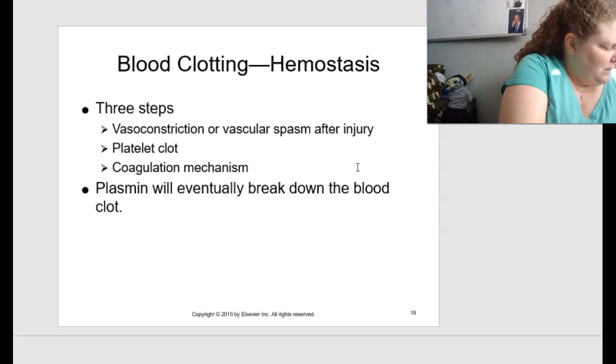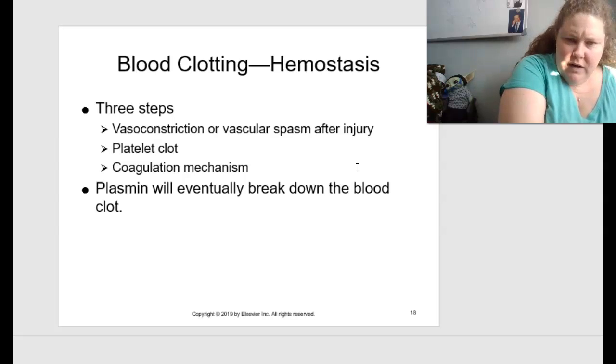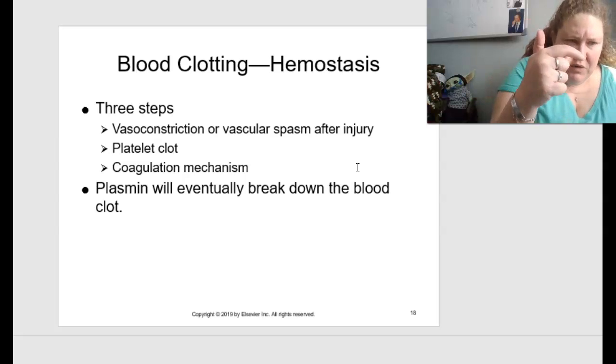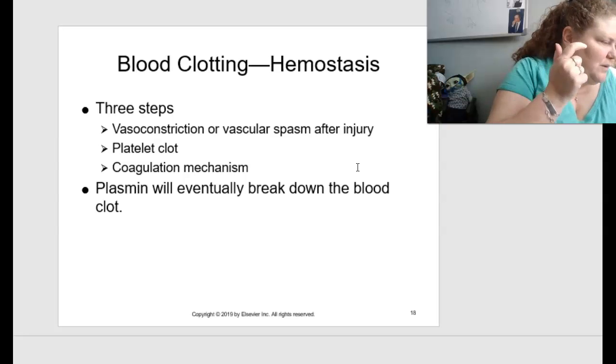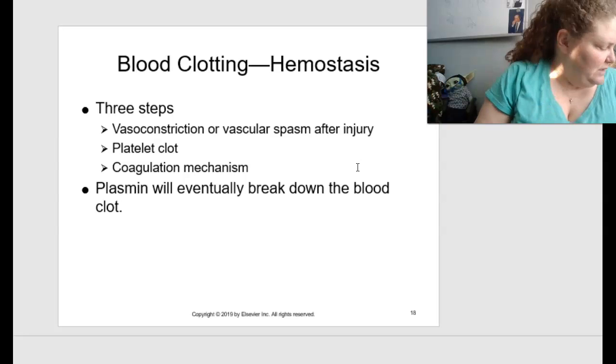Third, if the blood clotting or coagulation mechanism is required by larger vessels, the clotting factors, which are present in active forms in the circulating blood, are activated through the sequence of reactions shown in figure 10.9, the figure on the previous slide.